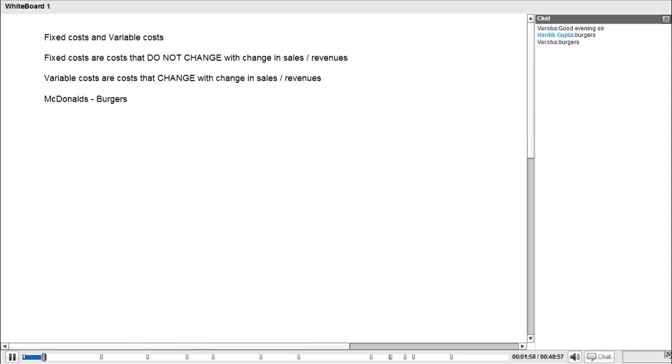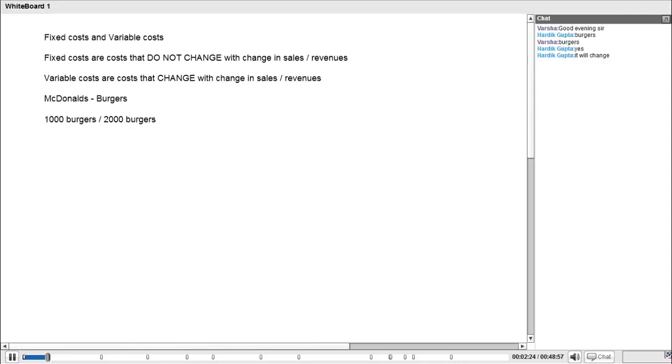And will the sales or revenues be different if in one month McDonald's sold 1000 burgers and in the second month it sold 2000 burgers? Would the sales or revenues be different in both the cases, or would they be the same? It will change.